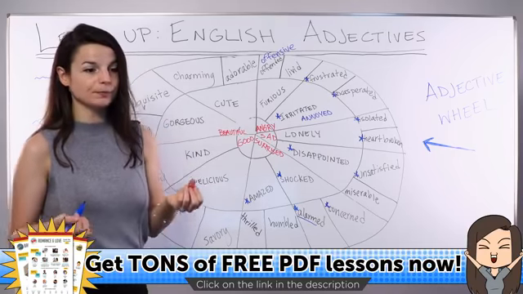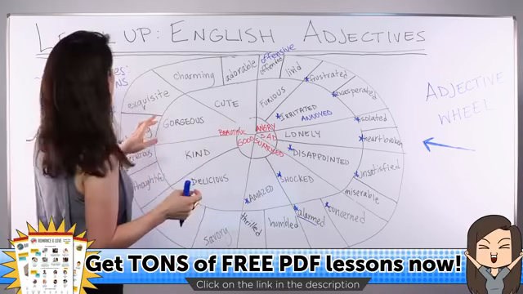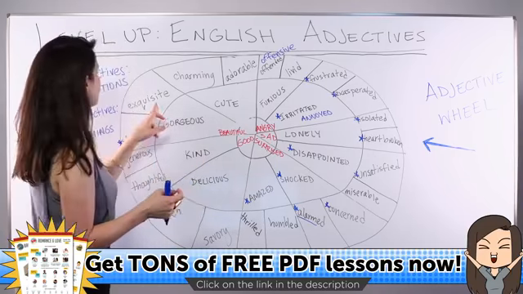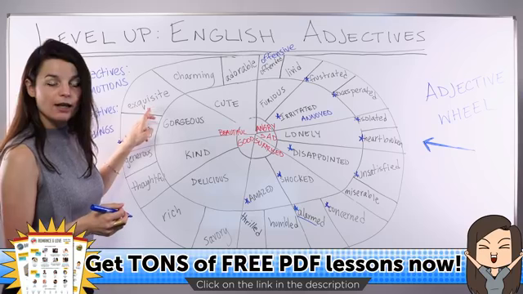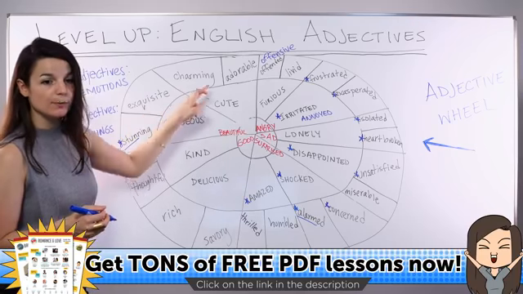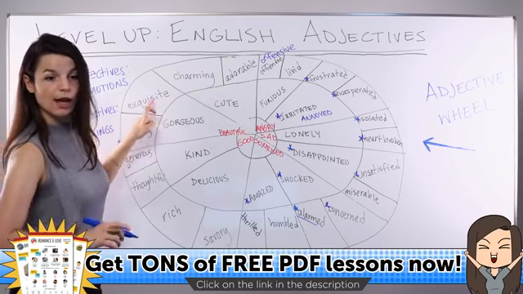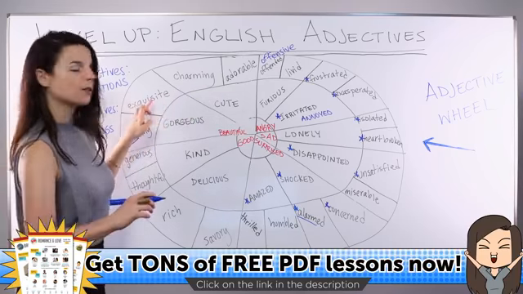Okay, then the final one here is exquisite. Exquisite is not as commonly used as some of these other ones. We use exquisite to talk about oftentimes expensive things, maybe jewelry or decorations in someone's house.